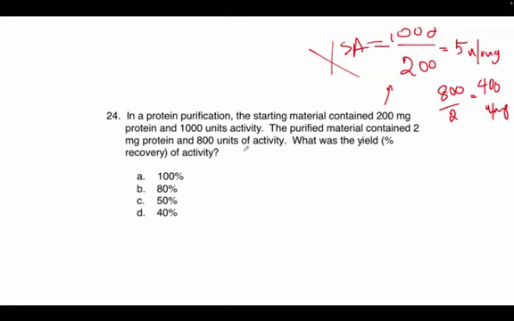The starting amount, it doesn't matter how much the weight is, had 1000 units. And after purification, we're left with 800 units. So the yield in terms of activity will be the final activity divided by the starting activity of 1000, which is going to be 80% yield. If it was 100% yield, we would have retained the 1000 units, but we don't. We had some loss.